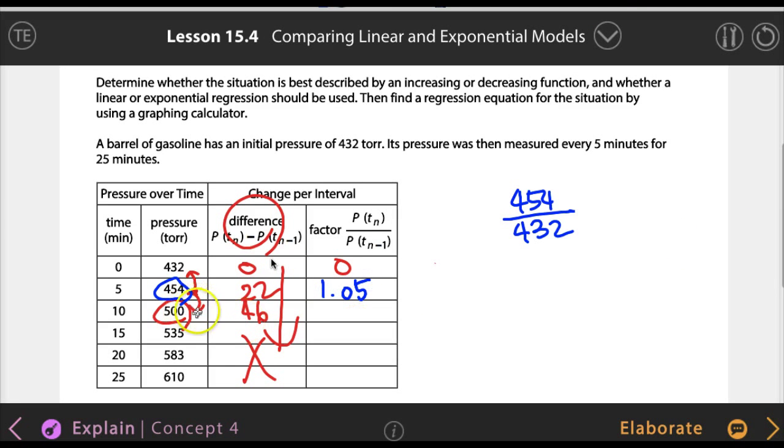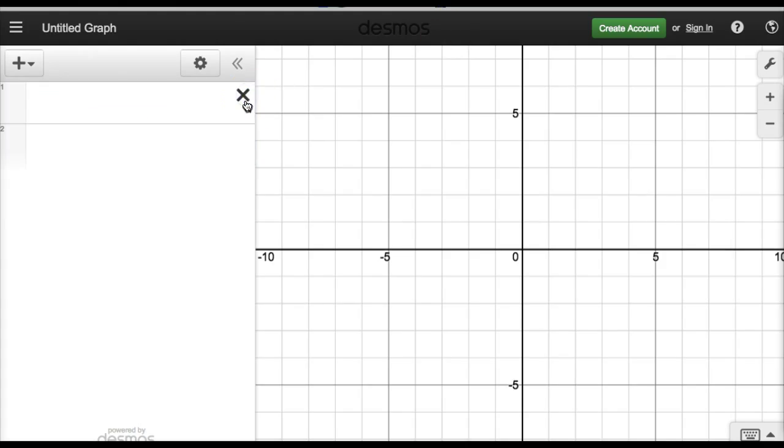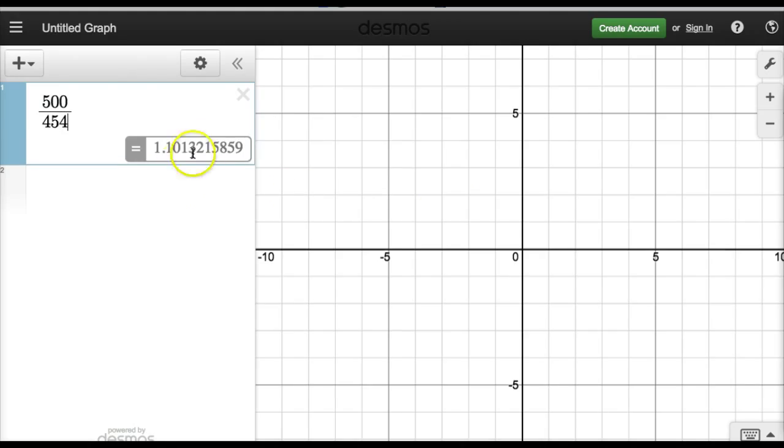And now to figure out if the rate is the same, I need to do it again. This time I'm going to go 500 divided by 454. What?